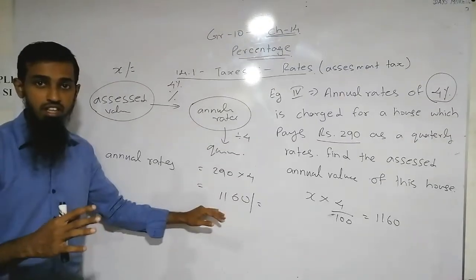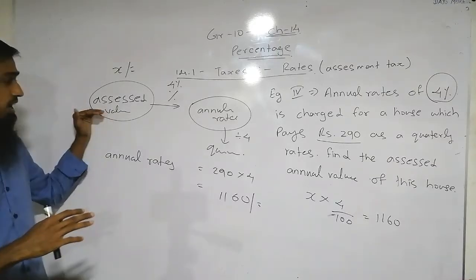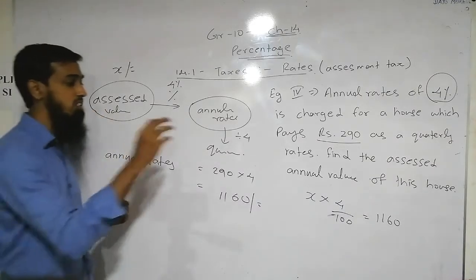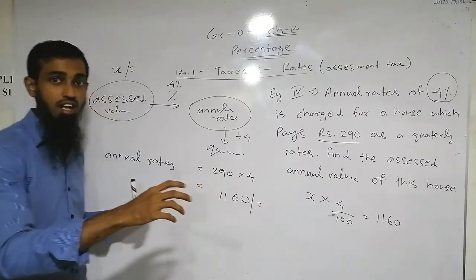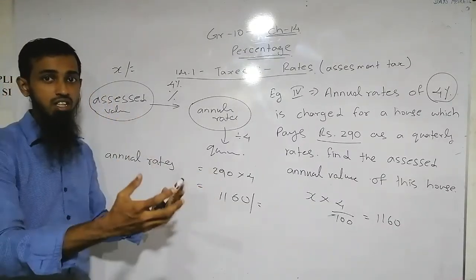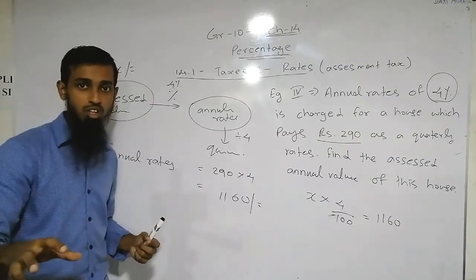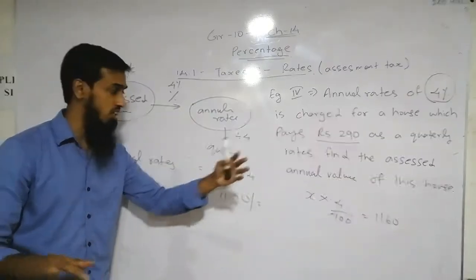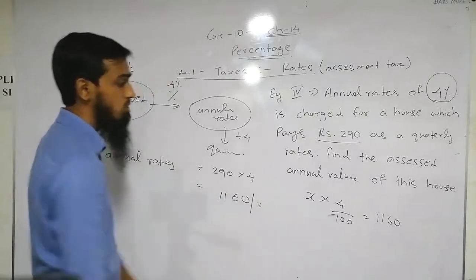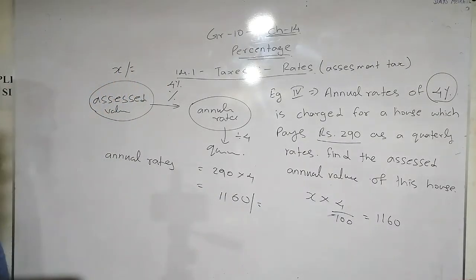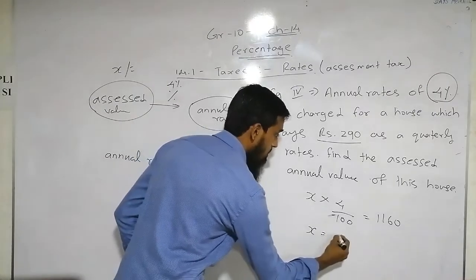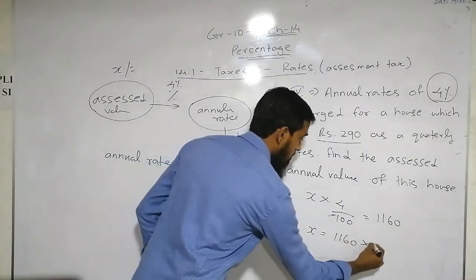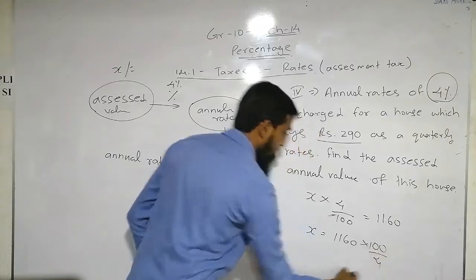Now we have found the annual rates, we should find the assessed value. So 4% of a particular amount is 1160. Assessed value is 100%. If 4% is 1160, find the 100%. If you make the proportion, it will give the X. X equals 1160 into 100 over 4.